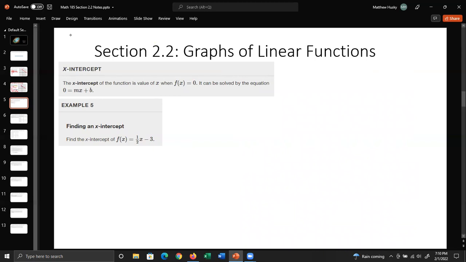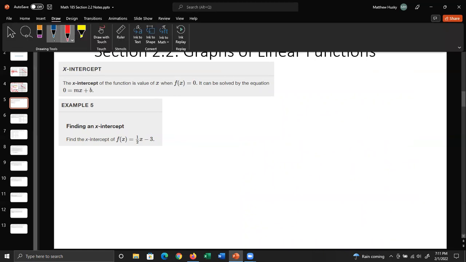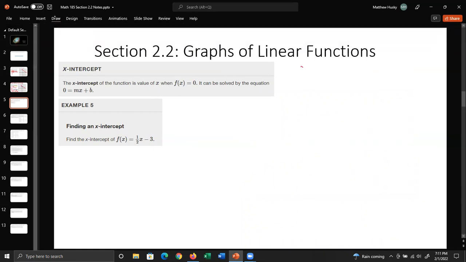The x-intercept is the value of x when f of x equals 0. And it can be solved by the equation 0 equals mx plus b. The y-intercept comes from where x equals 0, and the x-intercept comes from where the y value equals 0.